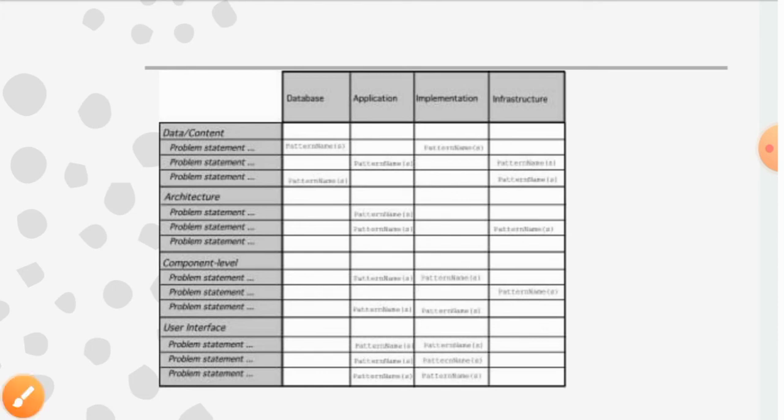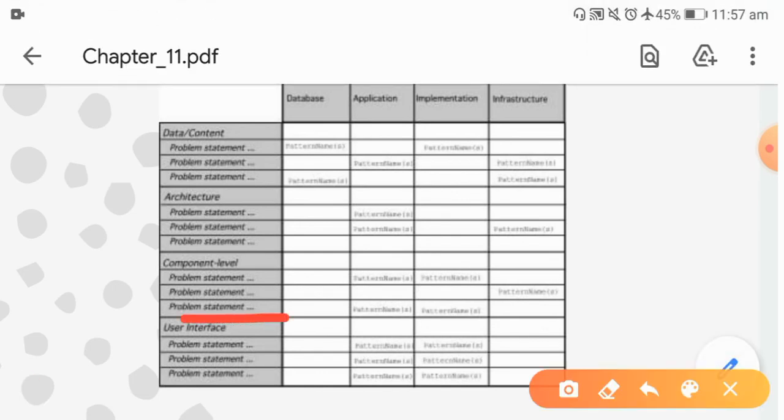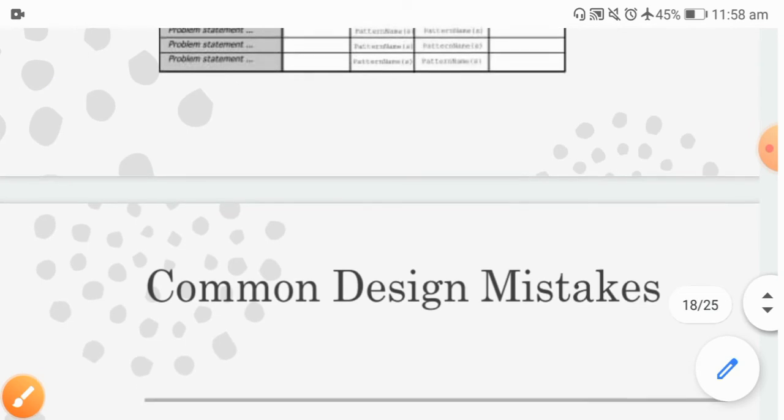For the component levels, with the problem statement, you are going to provide some application problem domain. Again, you implement your component level and provide the infrastructure for it. For the user interfaces, you are providing the complete application to your user, who can implement a number of transactions by using your application.